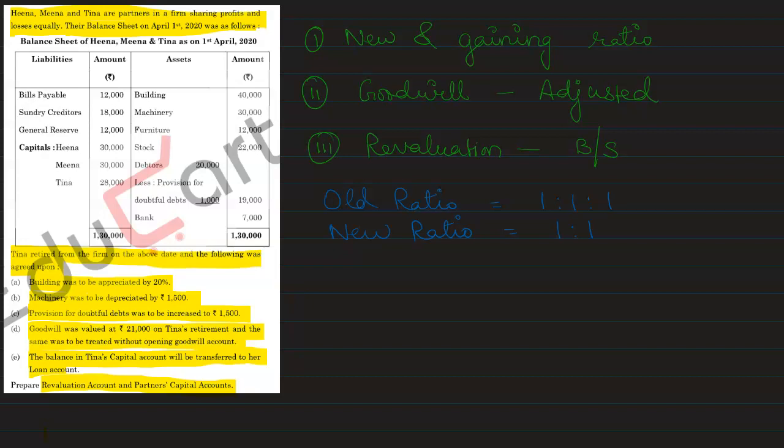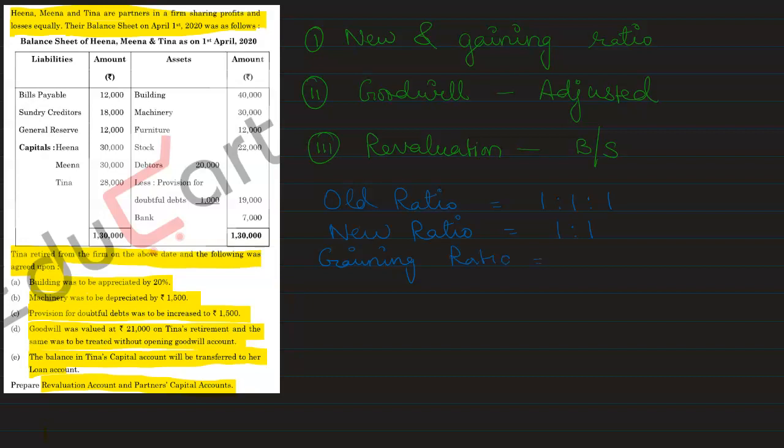Now, Hina, Meena, and Tina were the old partners, and the remaining are only Hina and Meena because Tina has retired. So we will calculate the gaining ratio of Hina and Meena.